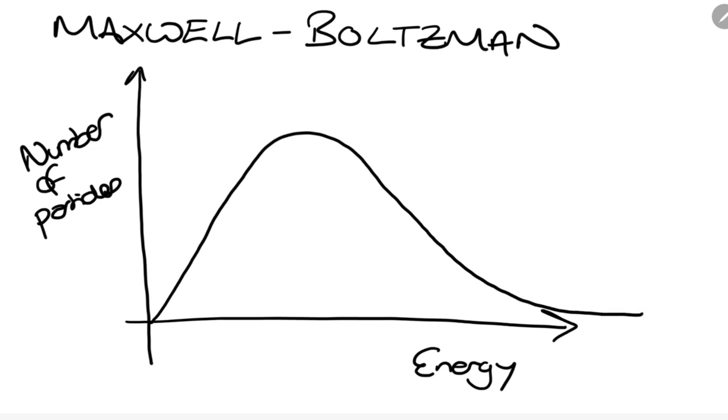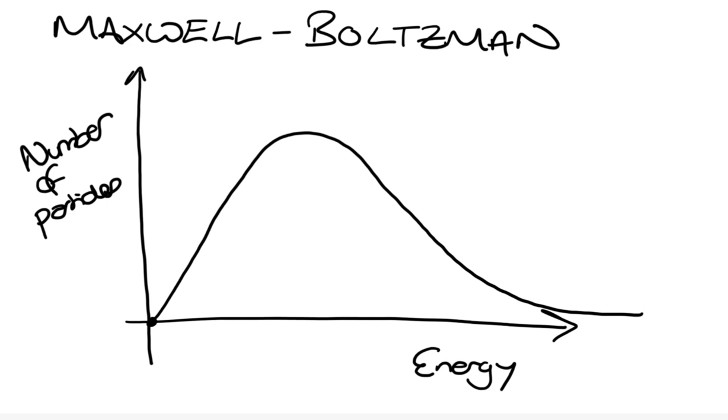So we have a curve whereby it starts at the origin, and this indicates that no particles have zero energy. So there are no molecules in a gaseous state that possess zero kinetic energy. And the curve then takes on a number of characteristic shapes.